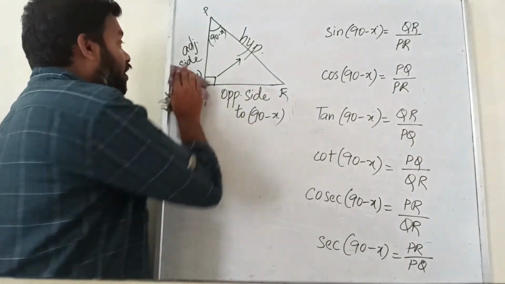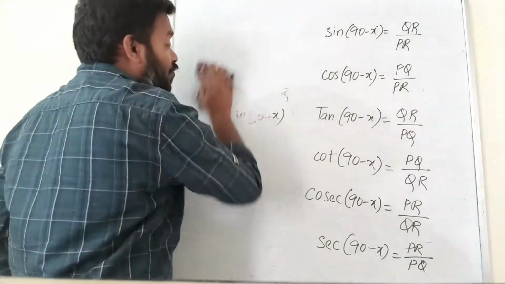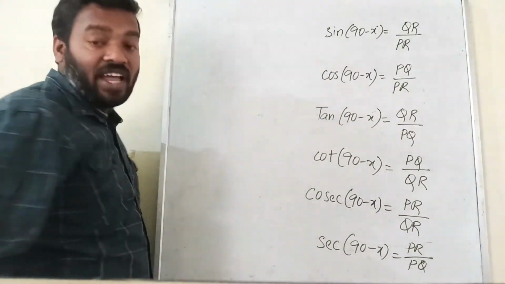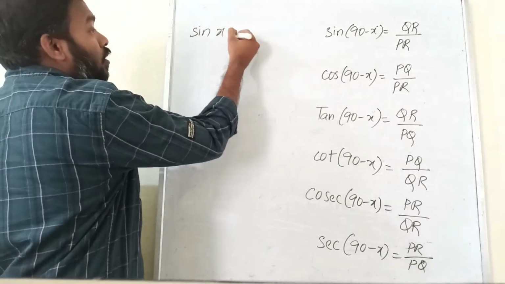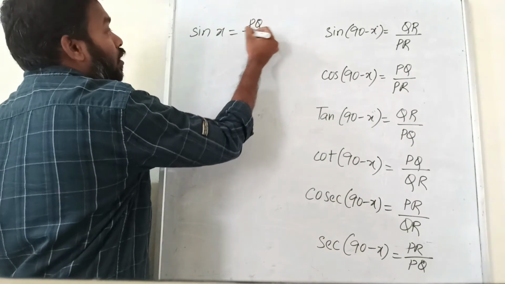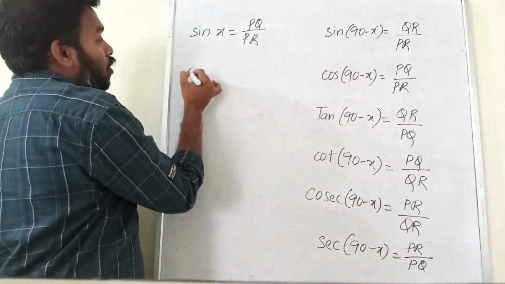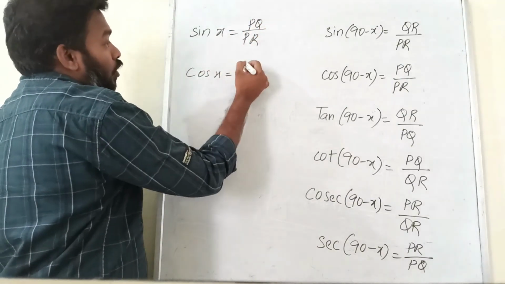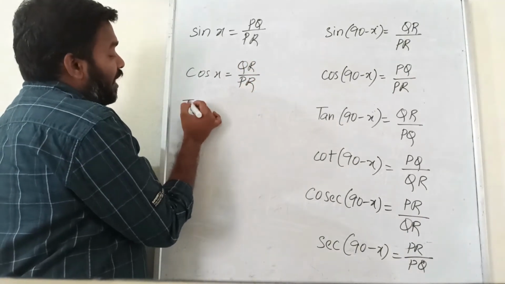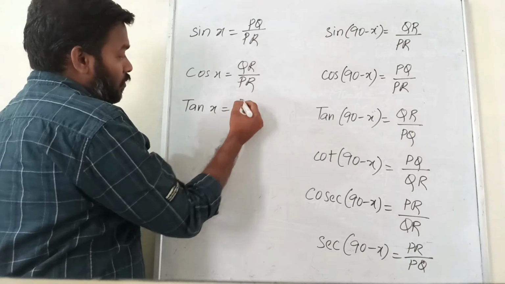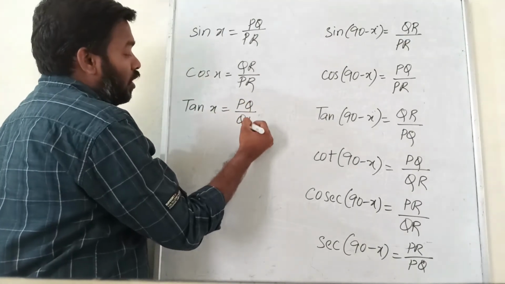And what we have got earlier, the trigonometric ratios for angle x, that is sin x is PQ by PR. Cos x is QR by PR. Tan x is PQ by QR.